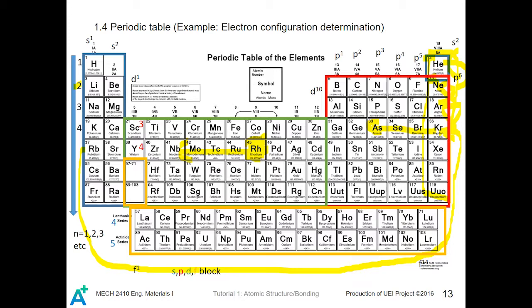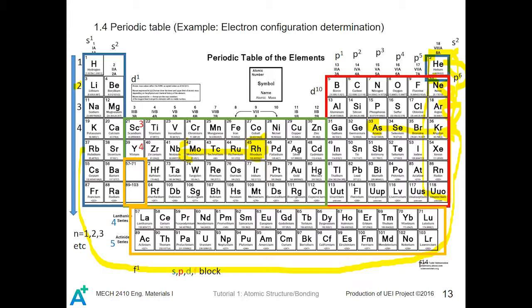And for n equal to 2, there are 2 types, 2s2 and 2p6, which is exactly 8. And that means for neon, the electron configuration is 1s2, 2s2, and 2p6. And in this way, for argon, we have a similar method. And that means for argon, it is 1s2, 2s2, 2p6, 3s2, and 3p6.